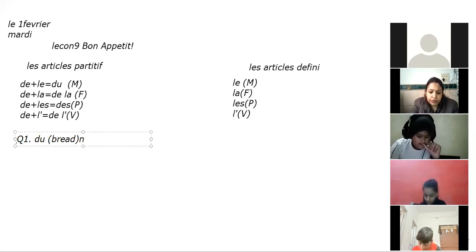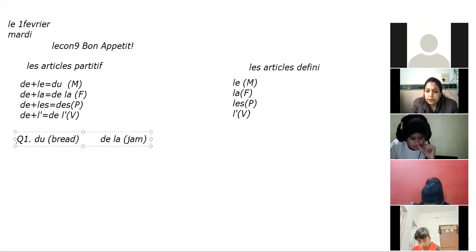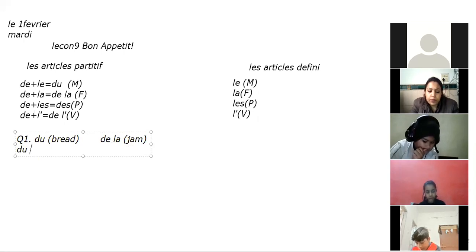Avec dash, avec de la confiture. And confiture is your jam. Du, avec du beurre. Okay, beurre is your butter. Butter is masculine. So whatever is masculine, you have to place du. Whatever is feminine, de la, and de l' accordingly.